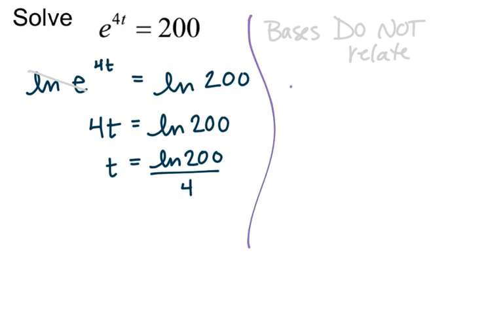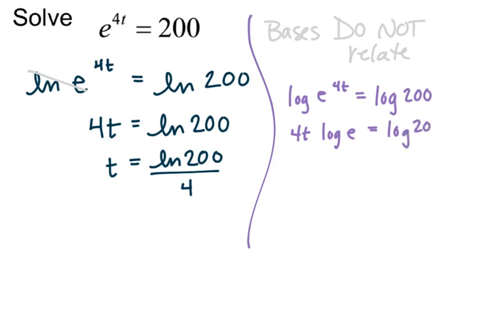So if I did this and I said log of e to the 4t equals log of 200. I'd use my power rule, 4t log of e equals log of 200. And I would divide by my 4 and my log e, and I would end up with log of 200 over 4 log e.